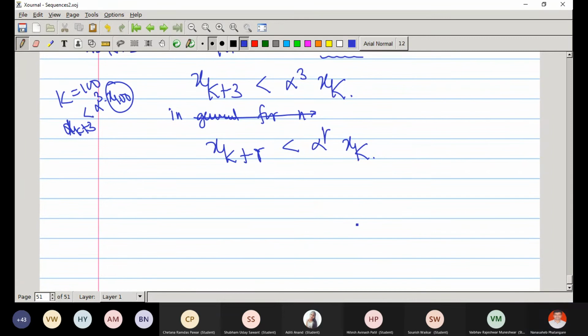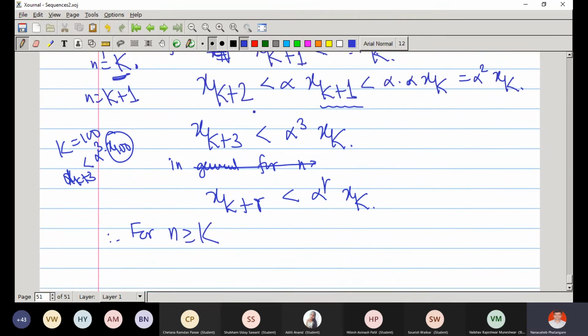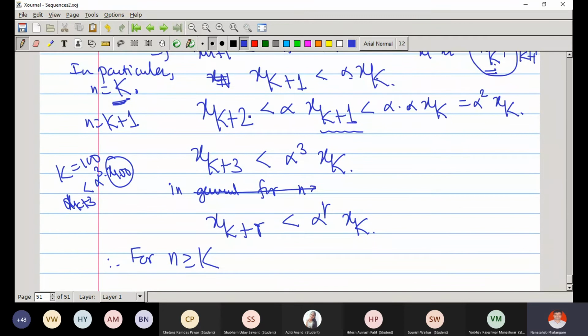Now I want to generalize this. So therefore, for n greater than or equal to k, here I choose n equal to k plus 1, n equal to k plus 2, n equal to k plus 3.